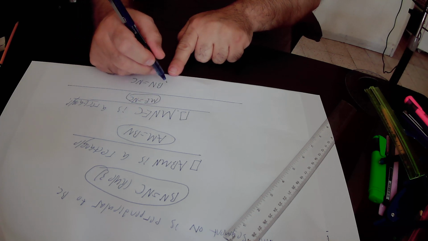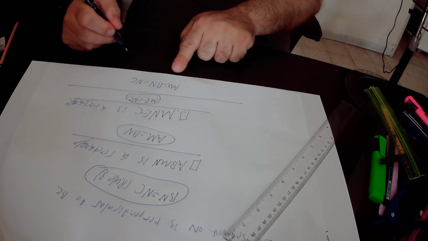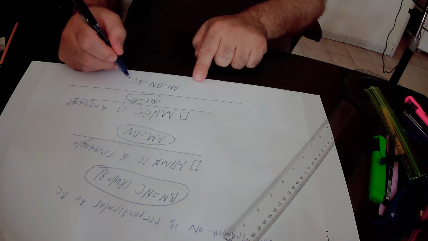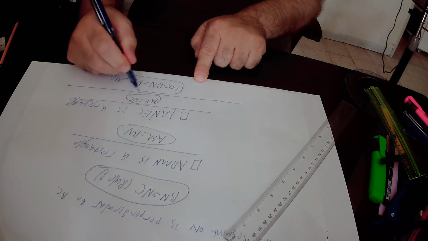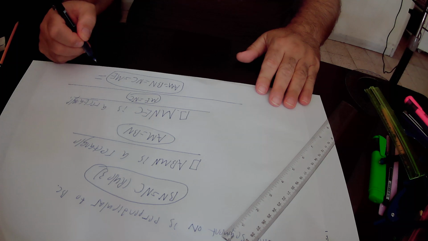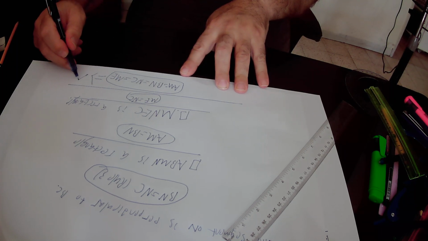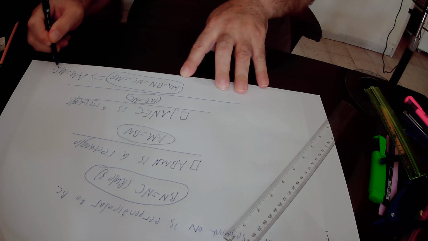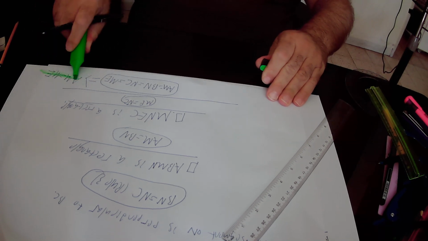So we can write here that BN equals AM. And we also found out that NC equals ME. So we can write here that NC equals ME. So from this long equation, we will derive that AM equals ME.